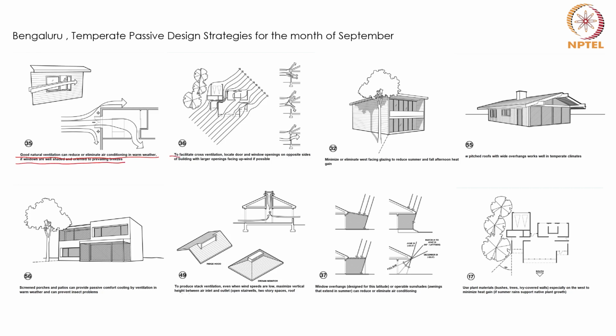To facilitate cross ventilation, locate the door and window openings on opposite sides of the building with larger openings facing upwind if possible. You should also minimize or eliminate west facing glazing in order to reduce summer and fall afternoon heat gain.